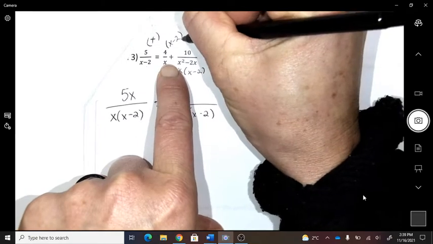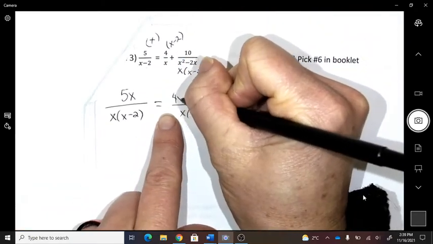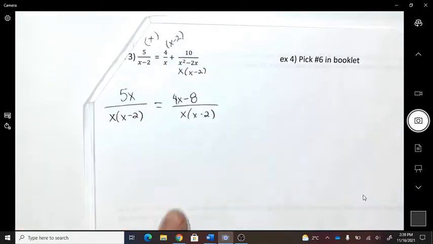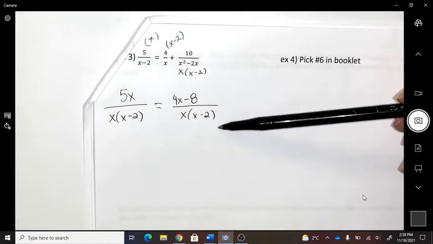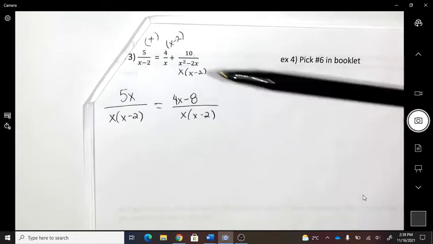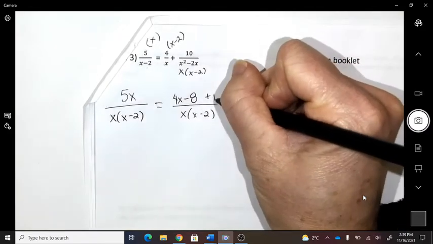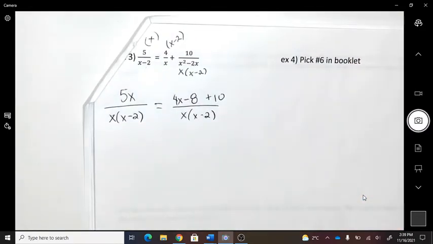So the top will as well. Okay, I'm on to the third fraction. This bottom, I did nothing to it, so I'm going to just add 10. Okay, does that make sense?